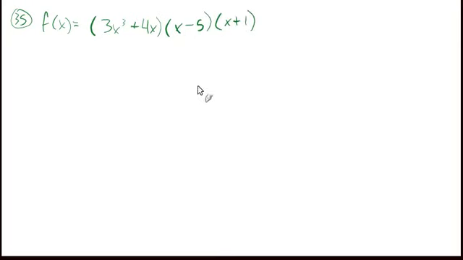Let's give 35 a try, because it is a little bit of an added challenge. We should be able to see we really have two choices here, product or quotient rule.